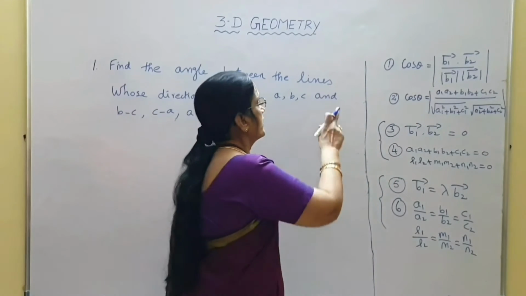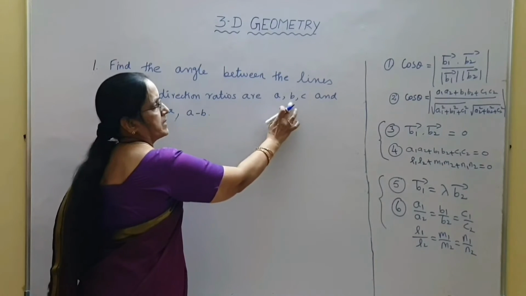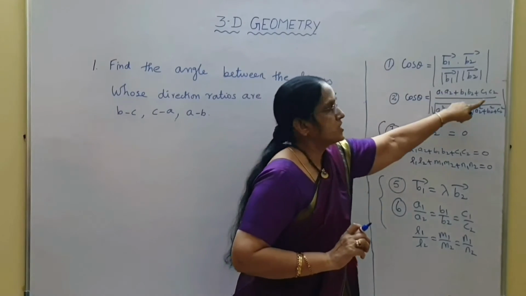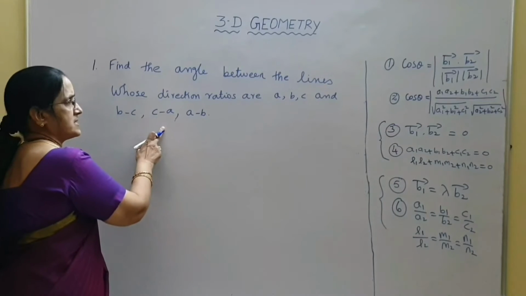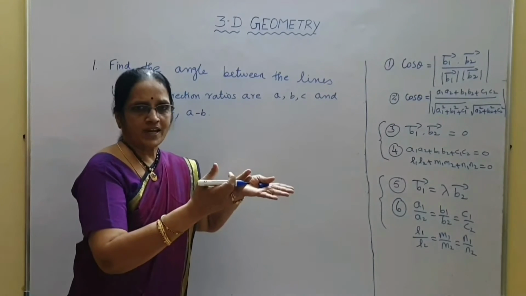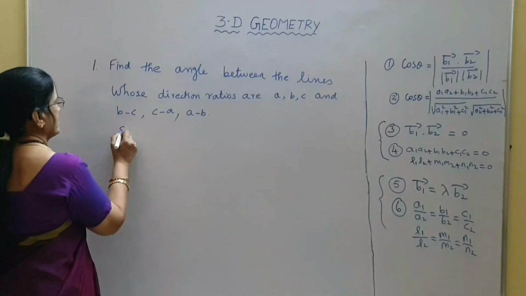Now, here your a1, b1, c1 are nothing but a, b, c. And your a2, b2, c2 are nothing but b minus c, c minus a and a minus b. Just substitute in the formula and get the answer. Let us do it now. Solution.